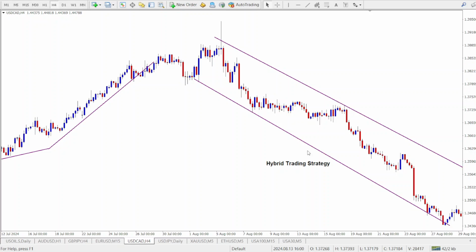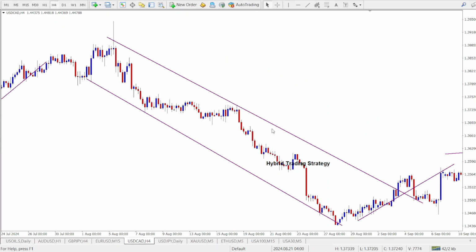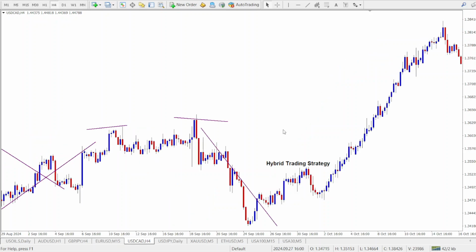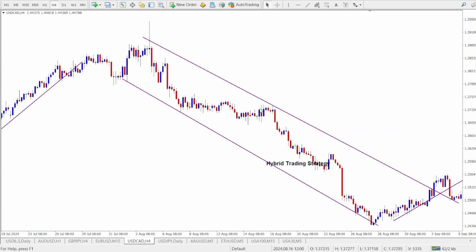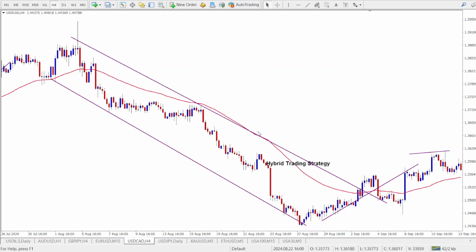You can even use a couple of them, right? For example, just like I had already drawn some trend lines on my chart, you can decide to use trend lines in addition to moving averages. You can also add any other indicator of your choice just for additional confirmation. So you look for price action that aligns with the fundamental outlook.